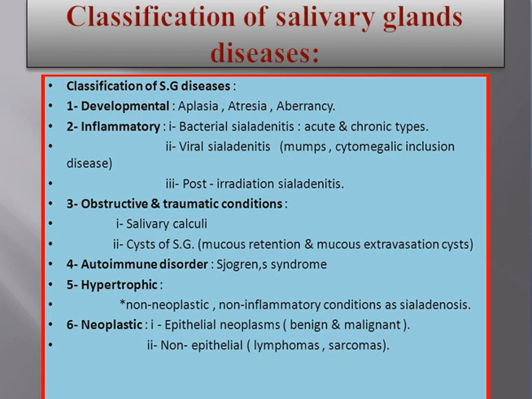The first part is developmental disorders of the salivary glands, and they can be aplasia, atresia, and aberrancy.